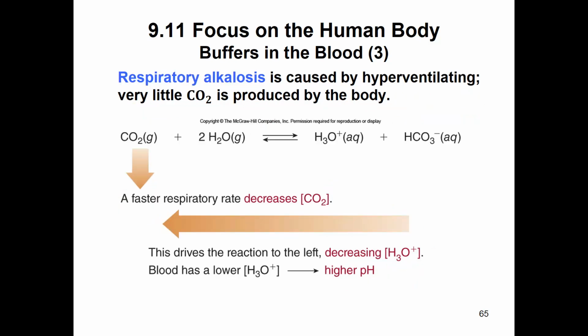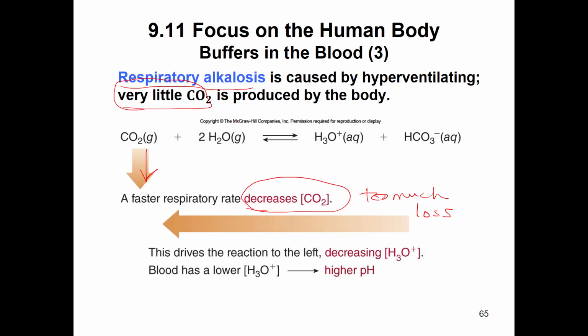The opposite happens with respiratory alkalosis, and you can see this if someone's been hyperventilating. They don't have enough CO2 in the body, and so their CO2 goes down because of that faster respiratory rate; you're getting rid of too much CO2.